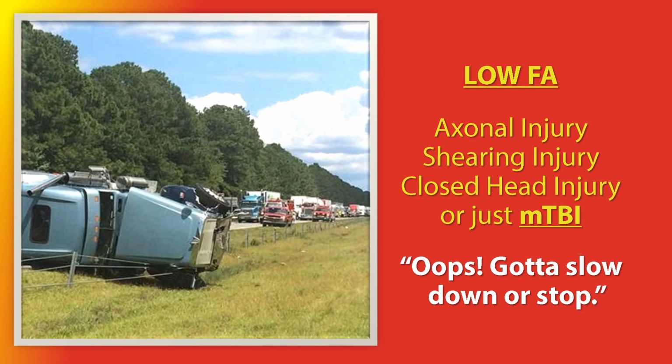So what happens when that normal traffic pattern is interrupted by an accident? Well, people slow down, and that's what happens in the brain when you have an axonal injury. The FA gets low. The water molecules start to move more slowly or may even stop. So you have to remember that this is, again, like the electrical pathway.